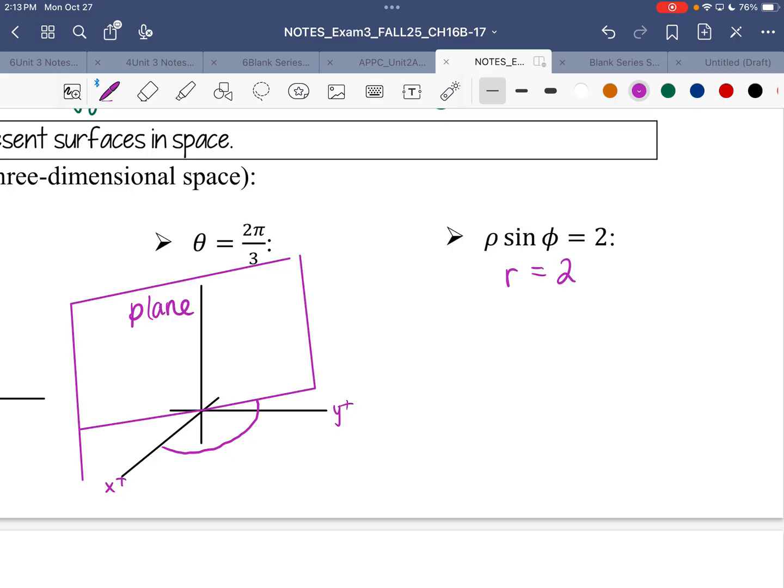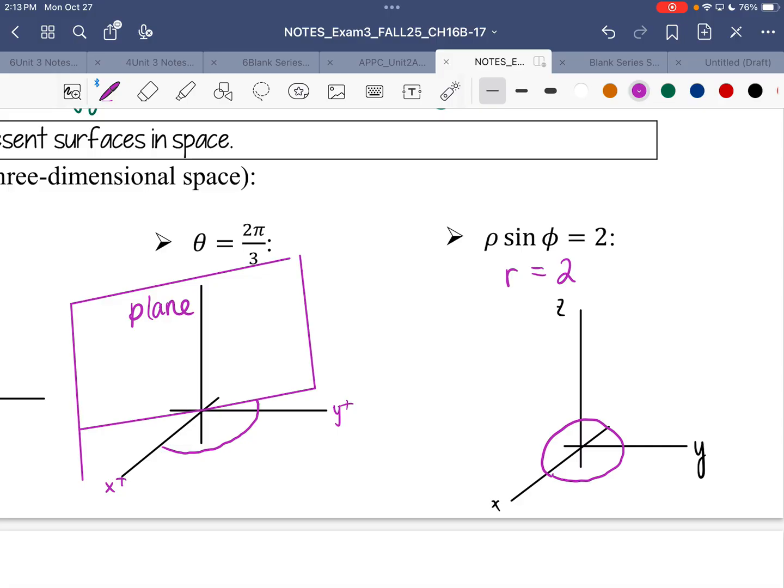So every point where the radius is 2, if we're talking about r and not rho, then we are in cylindrical, where the radius is 2.